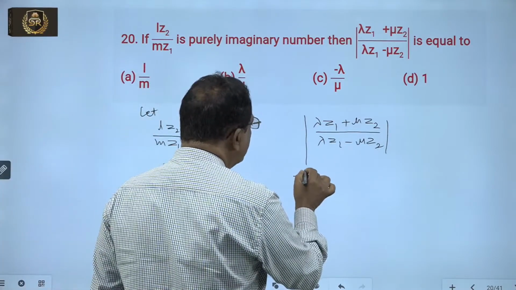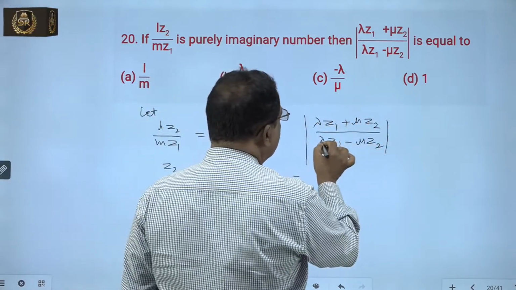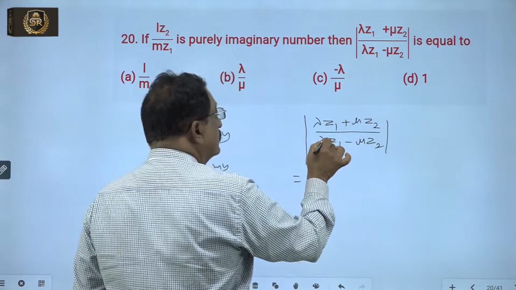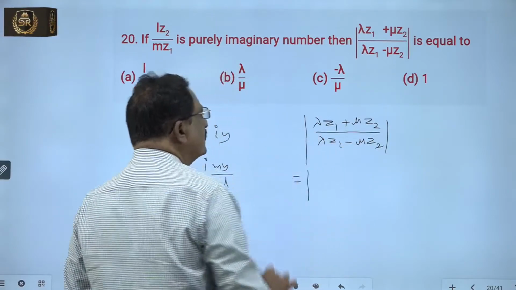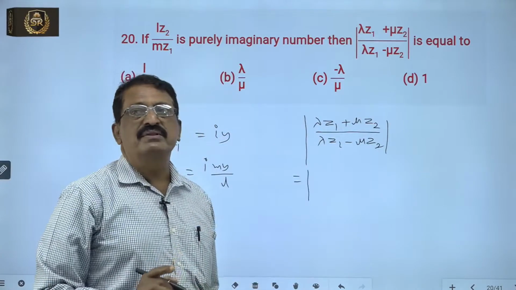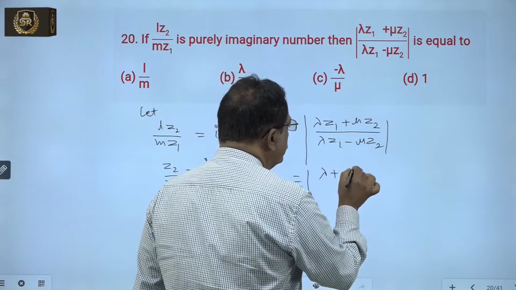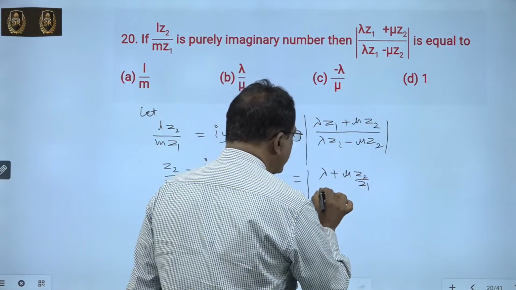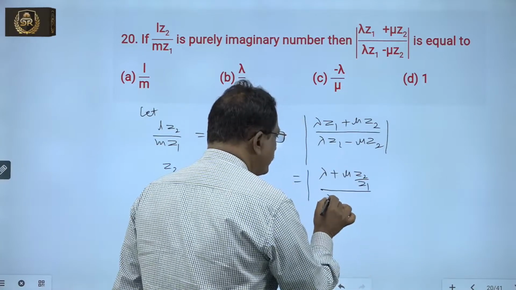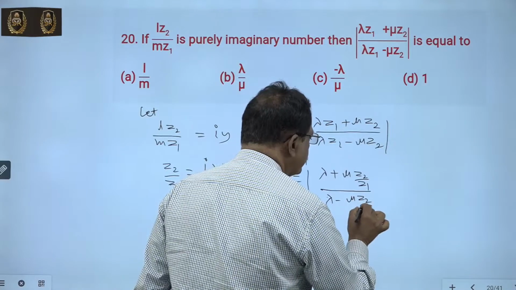Here, required is the modulus of (λz1 + μz2) by (λz1 − μz2). Now, numerator and denominator both divide by z1. We get (λ + μ z2 by z1) by (λ − μ z2 by z1).